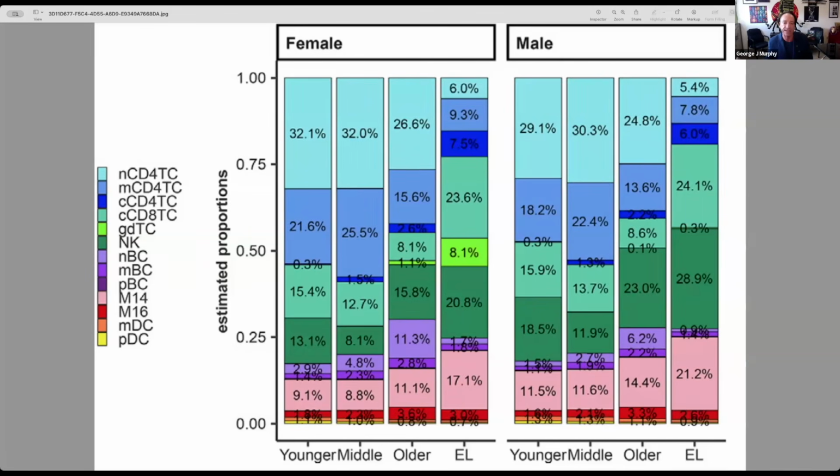So that's a distinct shift that another Japanese group who profiled centenarians also saw, right? And what this brings me back to is how maybe it's not about the proportions, but it's about the fitness of the cells themselves, kind of what you were alluding to, right?